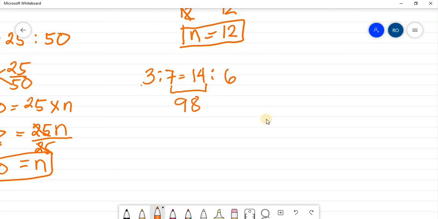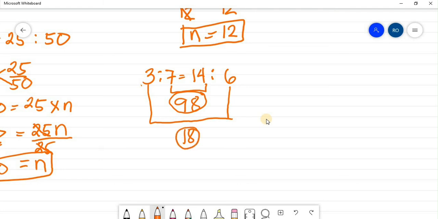What about the extremes? Let's multiply the extremes. 3 times 6 is 18. As you can see, the product of the means is 98 and the product of the extremes is 18.